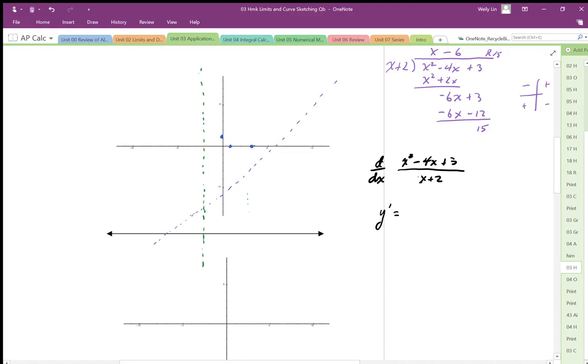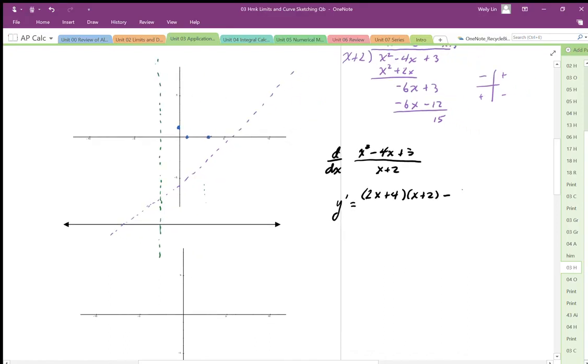Y prime is going to be 2x plus 4 times x plus 2, and then minus x squared minus 4x plus 3, like that, and the denominator squared. Okay, so there's my derivative.